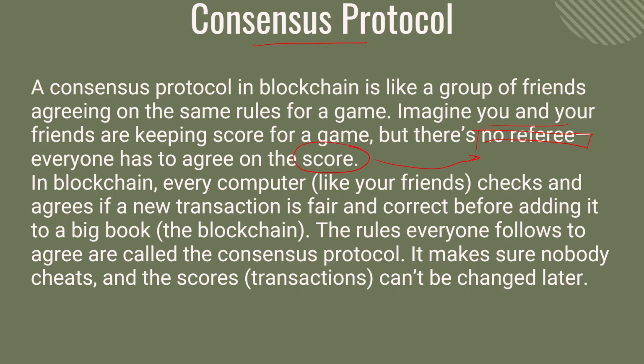So in blockchain, every computer checks and agrees if a new transaction is fair and correct before adding it to the big book, which means the blockchain. The rules everyone follows to agree are called the consensus protocol. This is a very important thing: the rules every computer follows are called the consensus protocol.